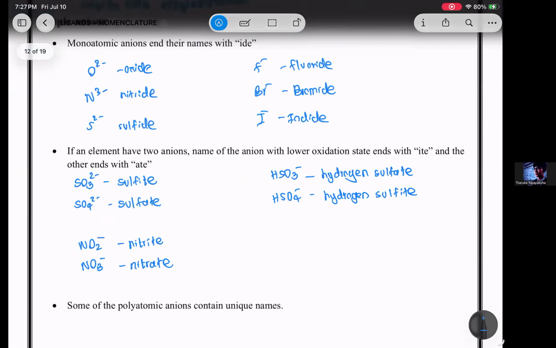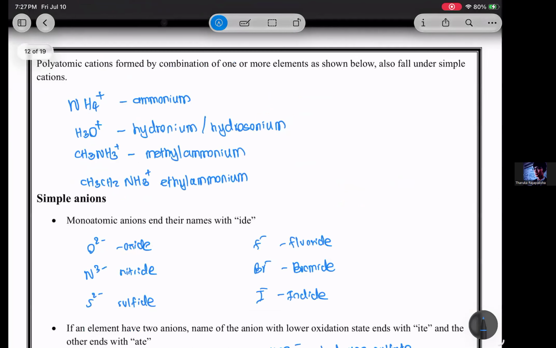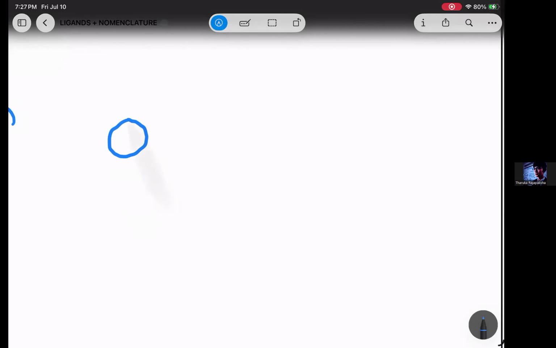I always get confused with oxide, peroxide, and superoxide. Okay, you attended my class, right? Why are you getting confused? I will teach you. Oxide means you have a single oxygen with 8 electrons around it, which gives a 2 minus charge. That is the oxide. What is peroxide?